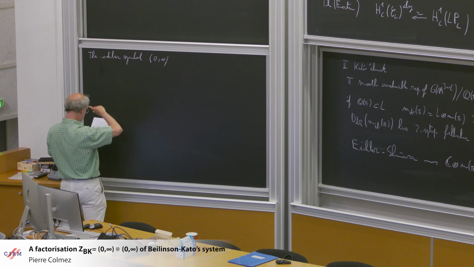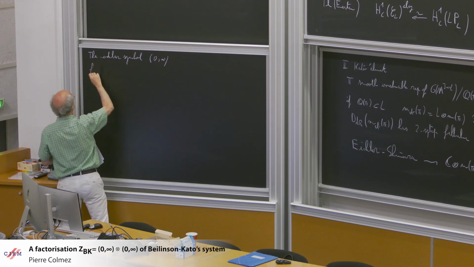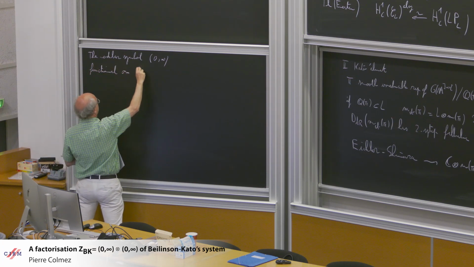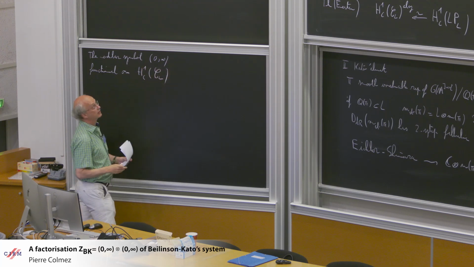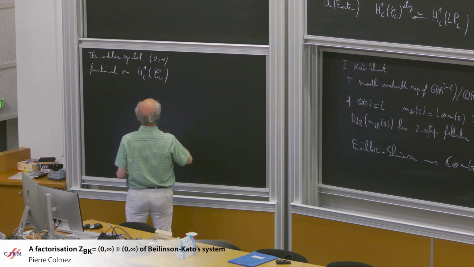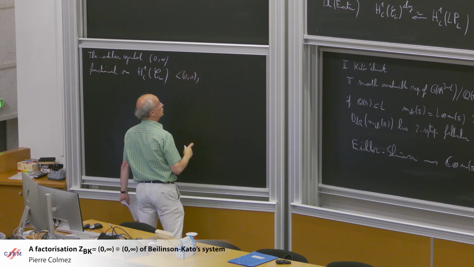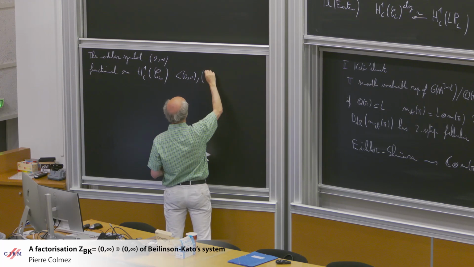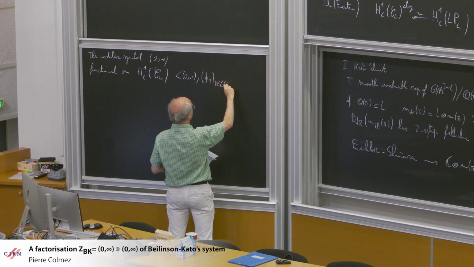Well, it's defined very easily. So it's a functional on H^1_c of the Emerton's completed cohomology, which is defined in the following way. So when you pair z_{0,∞} with the cocycle, so you have a cocycle which I call φ_γ for γ in G_Q, so that's a cocycle.